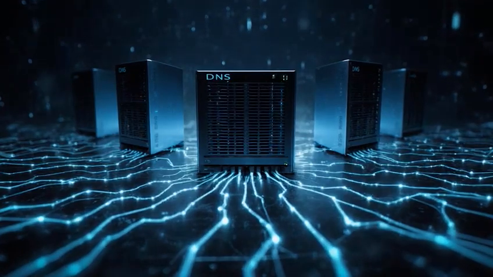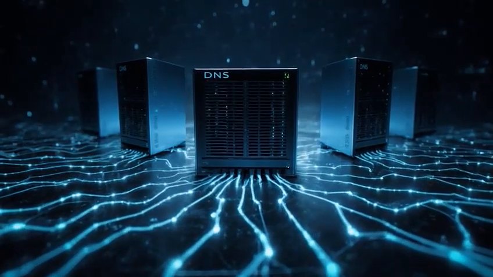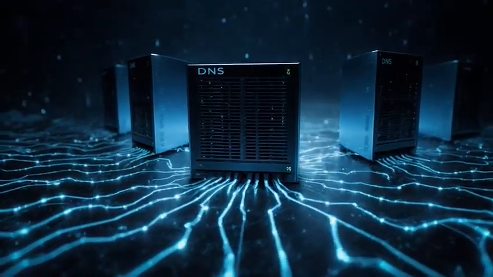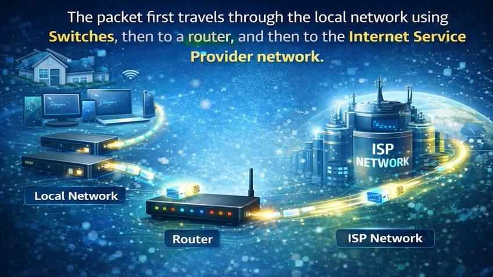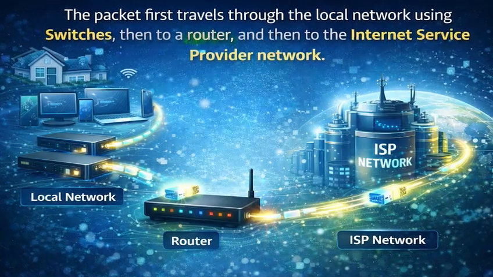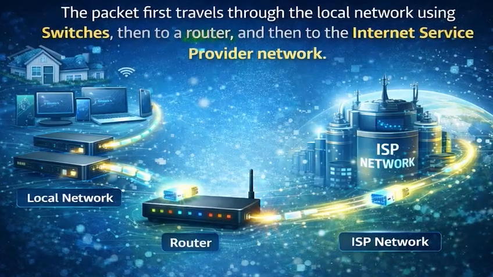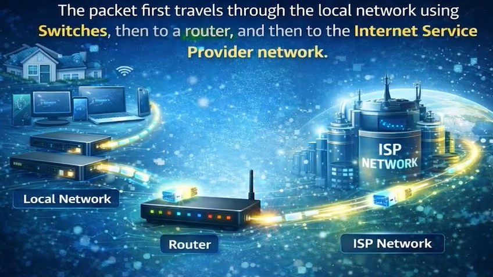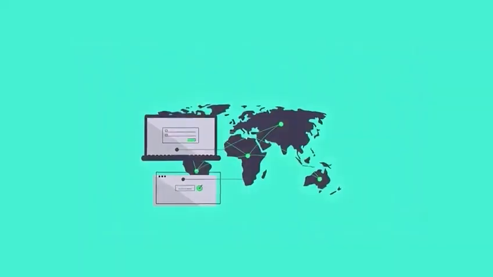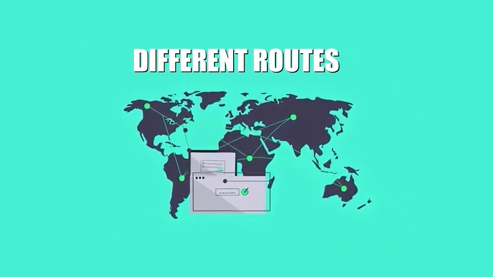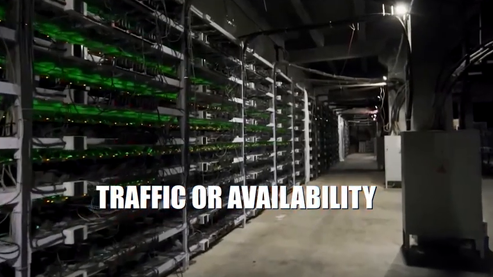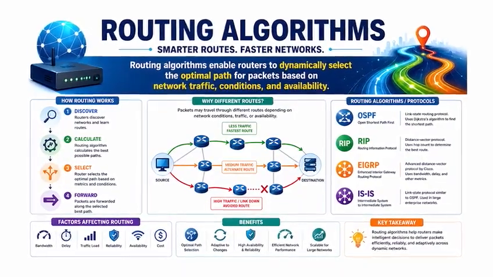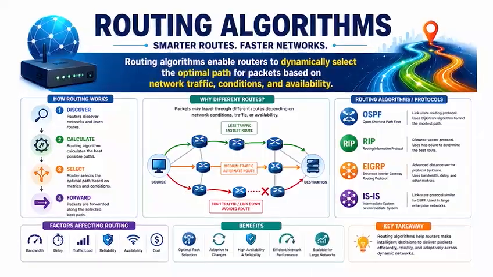If a domain name of the destination is used, the system first performs a DNS lookup to find the corresponding IP address to move the packets through the internet. The packet first travels through the local network using switches, then to a router, and then to the internet service provider network. Packets may travel through different routes depending on network conditions, traffic, or availability, based on a routing algorithm used by routers to decide the best route.